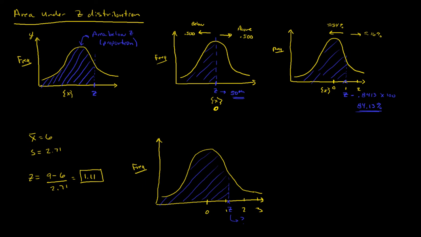My actual proportion here would be 0.8665. So if I'm rounding this again, let's just round that up to 87. So above me would be about 13% of the scores, and below me would be approximately 87% of the scores.